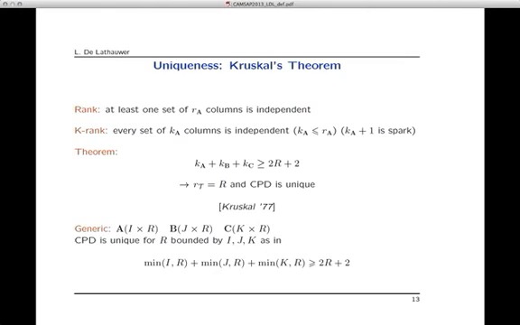And 7 years later, Joseph Kruskal, a mathematician, came up with this result, and his colleagues were very enthusiastic, and they named this K-value K-rank after him to honor the result. The result is not easy to derive. So that's it.